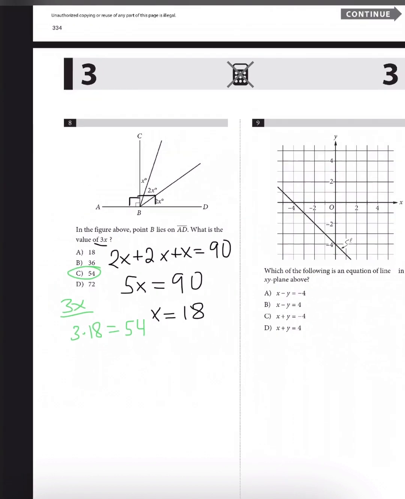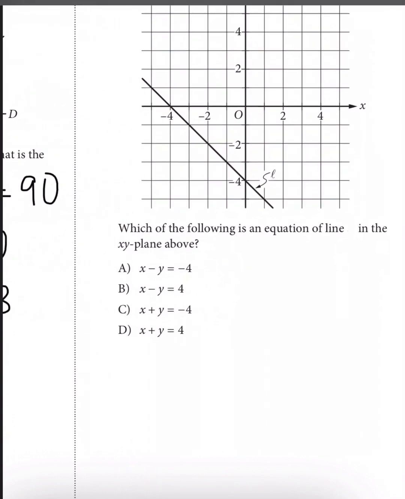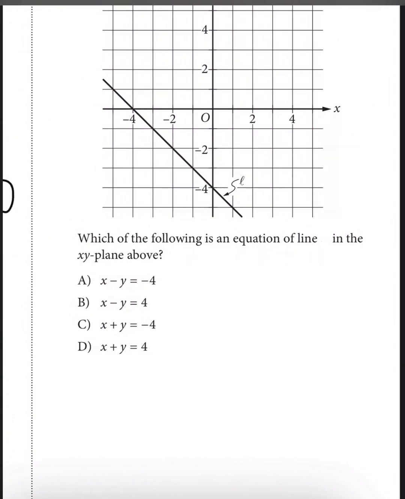Let's go on to question 9. Which of the following is an equation of the line in the xy plane above? So let's write it ourselves first. So it's y equals, as you can see, the slope is negative because it's going up to the left. It's negative x minus 4, since the y-intercept is negative 4.